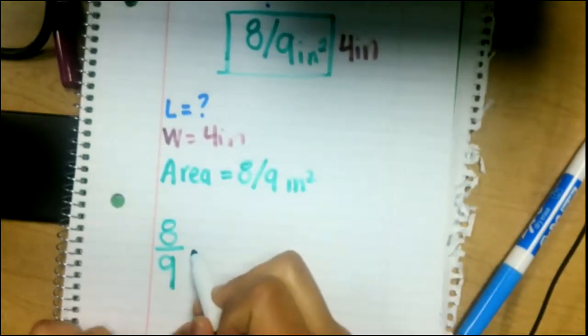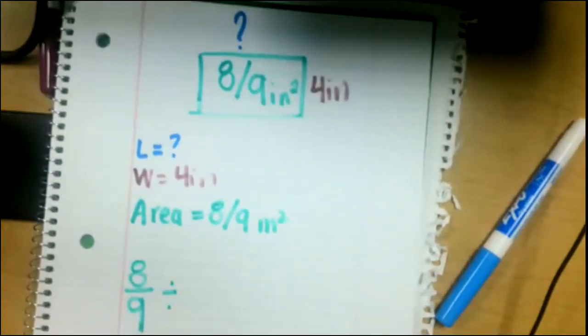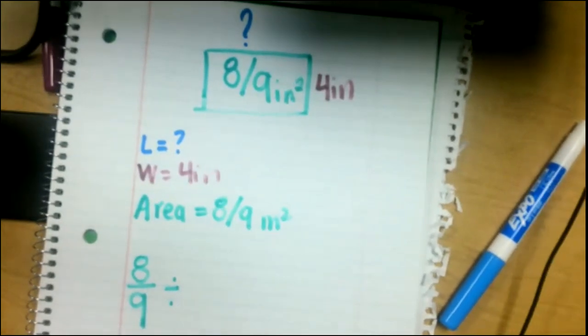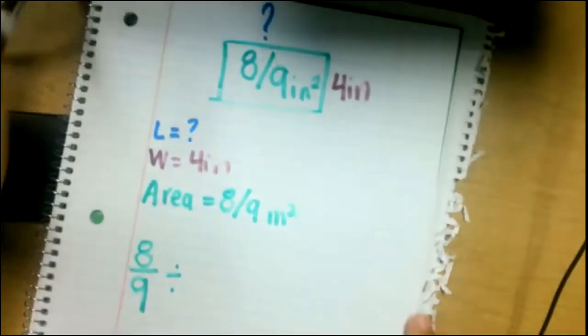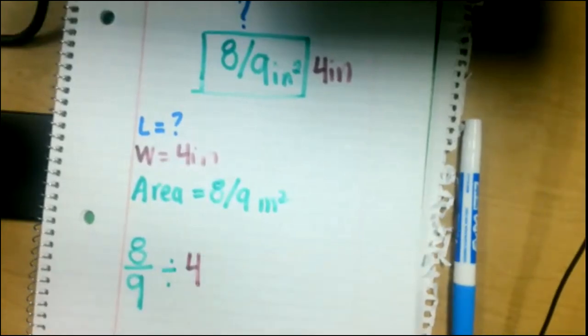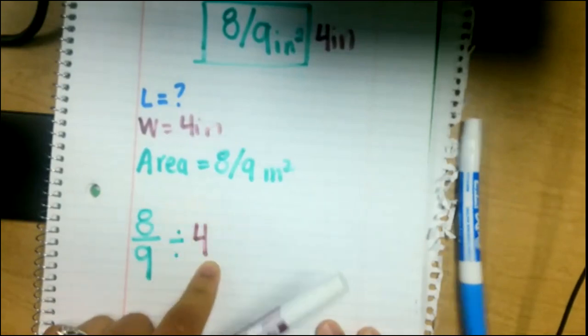And we're going to divide it by what? Put it on the chat, or you can just tell me. What are we going to divide 8/9 by? 4 inches. Correct, 4 inches. We need to set this up because this is a division problem, right?